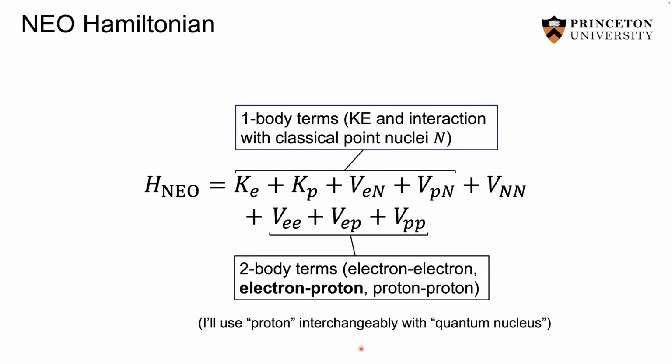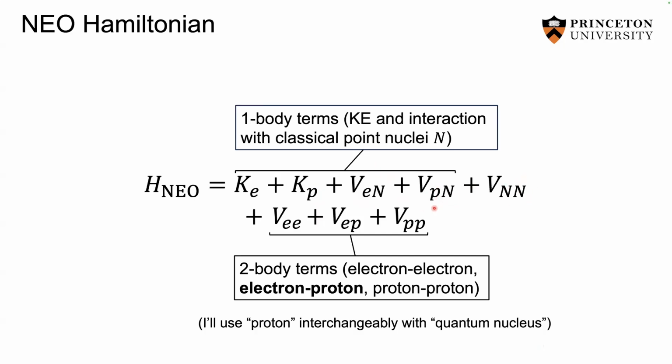I'll say that when I really mean just a quantum nucleus, but it could be any nuclei that you want to treat quantum mechanically. So the proton or the quantum nucleus has its own kinetic energy, and then along with the electron-nuclear attraction to the fixed nuclei, there's also a quantum nuclei repulsion with those.